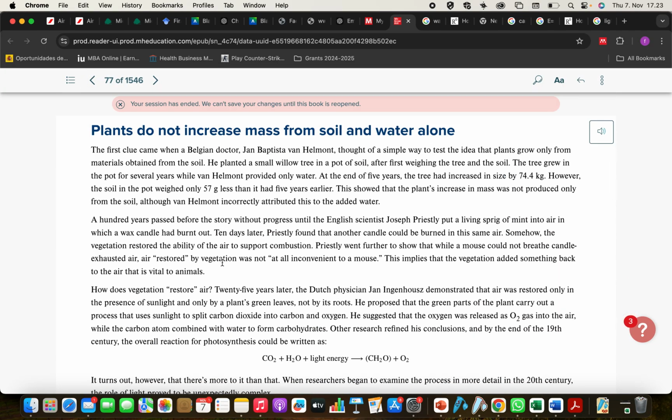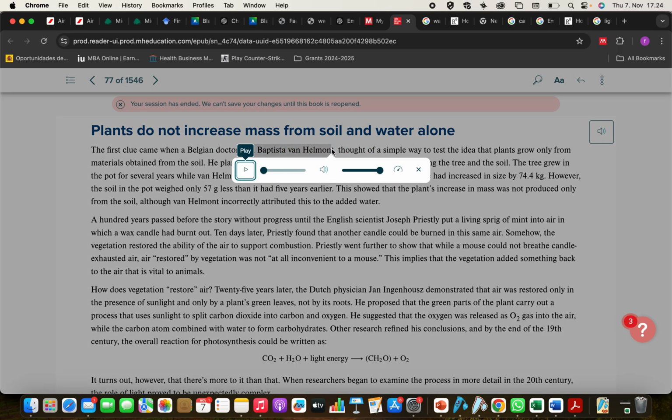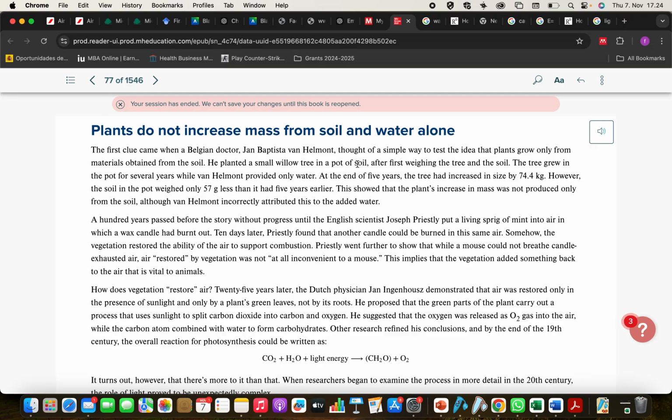The first clue that photosynthesis occurs came from this Belgian doctor, Jan Baptist van Helmont. He was very curious about finding out where the plant gets all its nutrients. Does it get it from the soil or from other areas or parts?